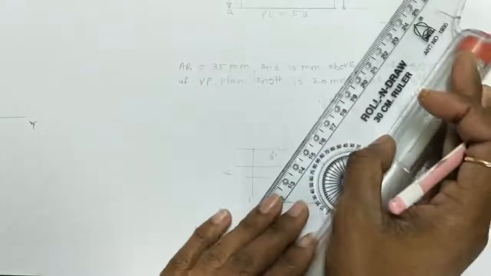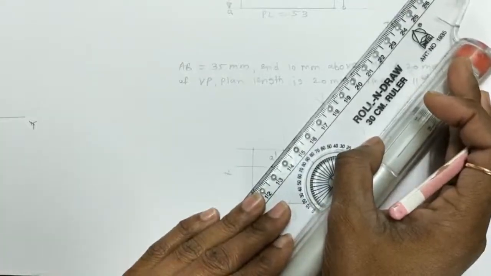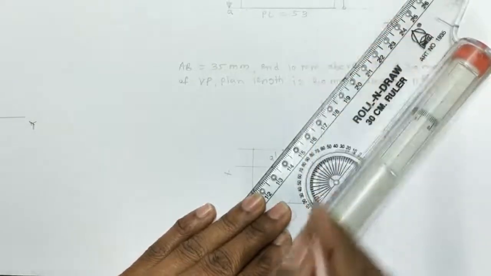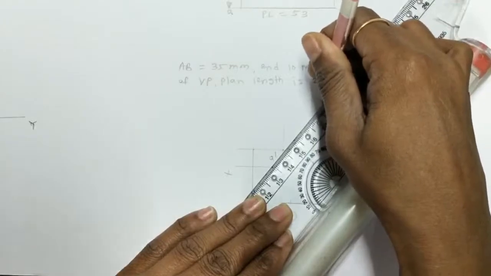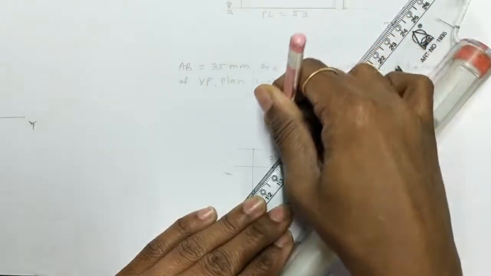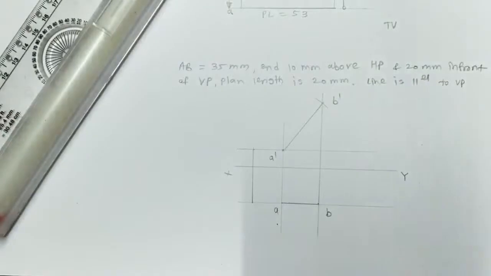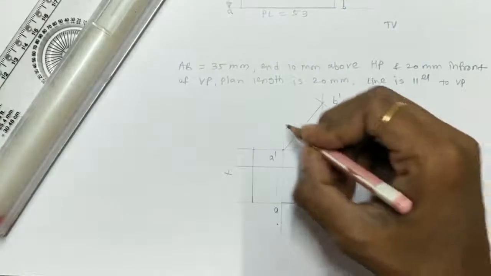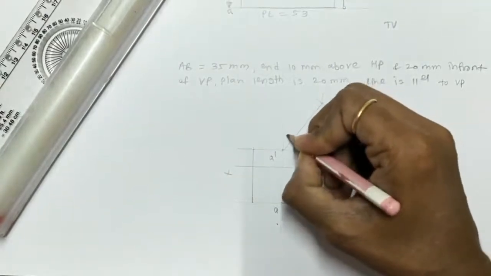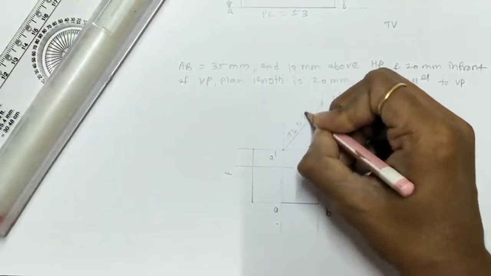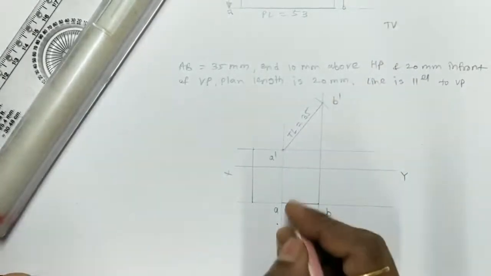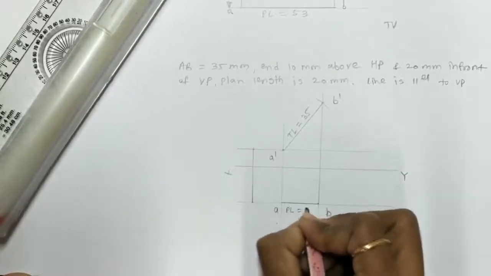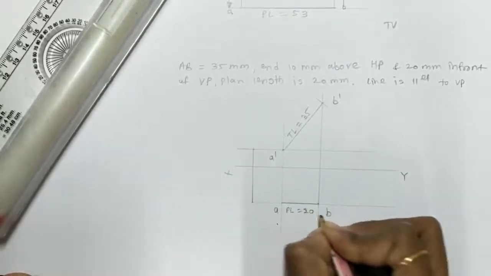Now join points A dash and B dash, which is true length 35. And here in the top view, this is plan length 20.